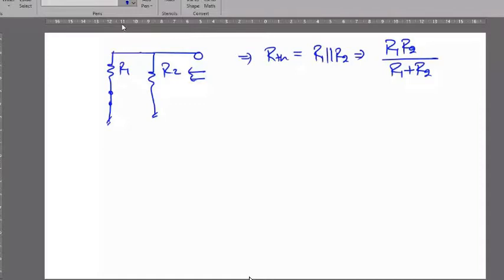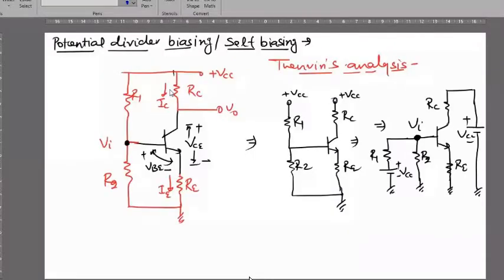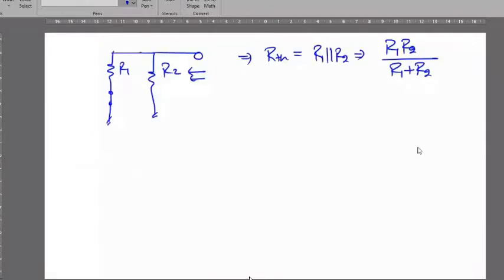And then we have to calculate the value of this voltage VI. How will we calculate it? We can simply apply the potential divider network, or we can apply KCL, KVL. This is VI, this is R2, this is R1, plus minus VCC.